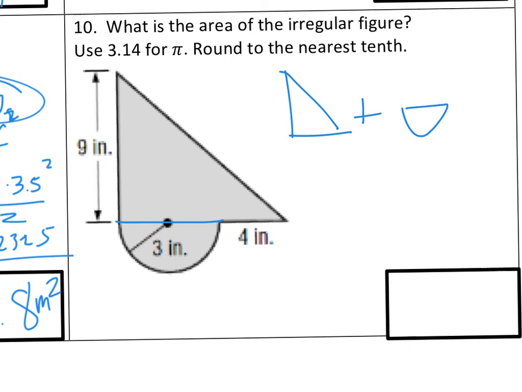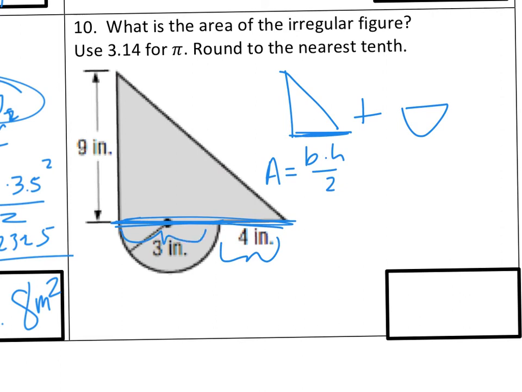So how do I figure this out? Well, I need to know the formula for triangle. And I know that that's going to be base times height divided by 2. Now, do I know this base? Well, I know here it's 4 inches from here to here, but then I need to know this as well and add it together.